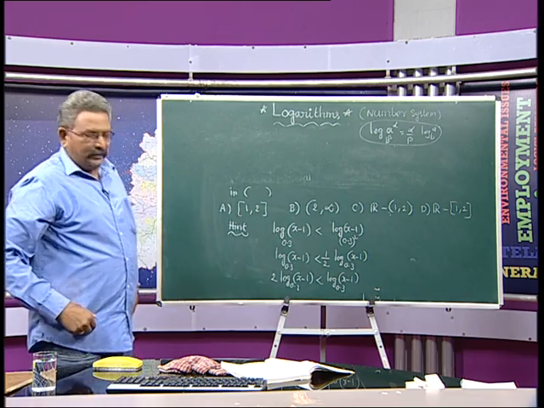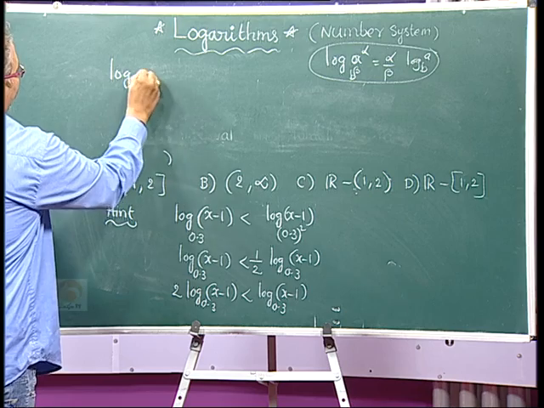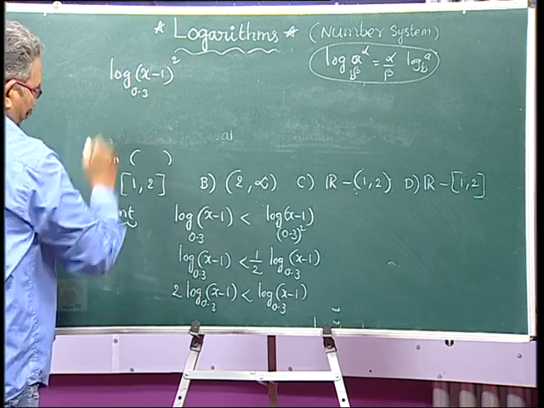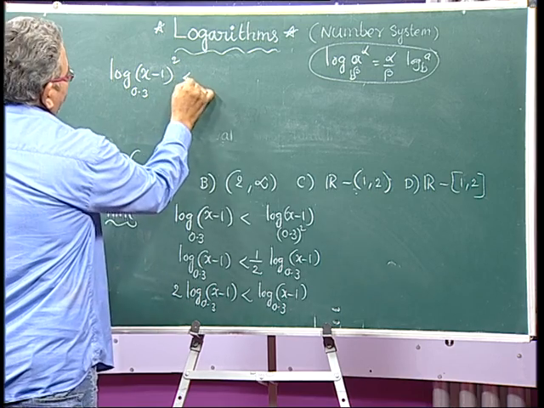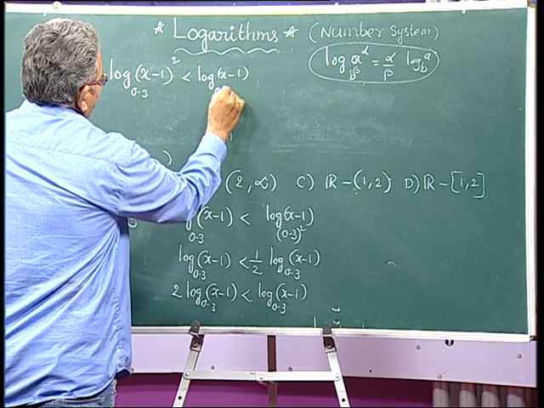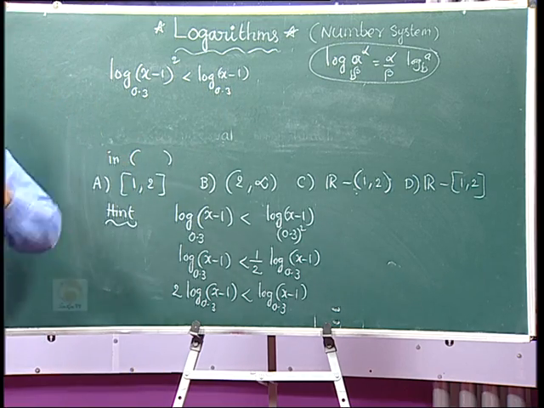Again, this can be written as log of (x minus 1) whole square to the base 0.3 less than log of x minus 1 to the base 0.3. Just concentrate on the base.